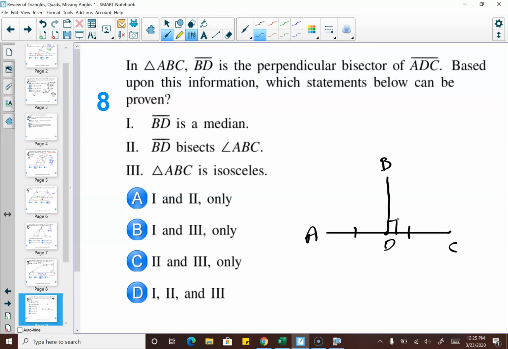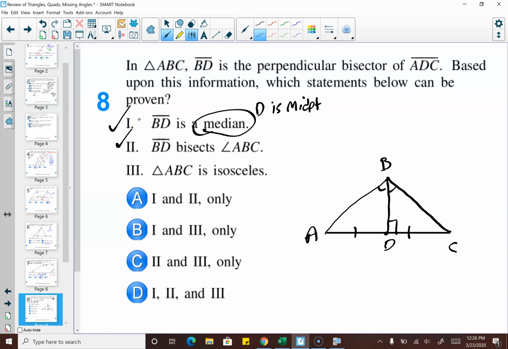Which of these can be proven? Well, BD is the median. That is true, okay? Because obviously, D is the midpoint if it's going to be the perpendicular bisector, so that right there is going to be a true statement. BD bisects angle ABC. So if we were to connect and make this into a triangle, that is also going to be a true statement.